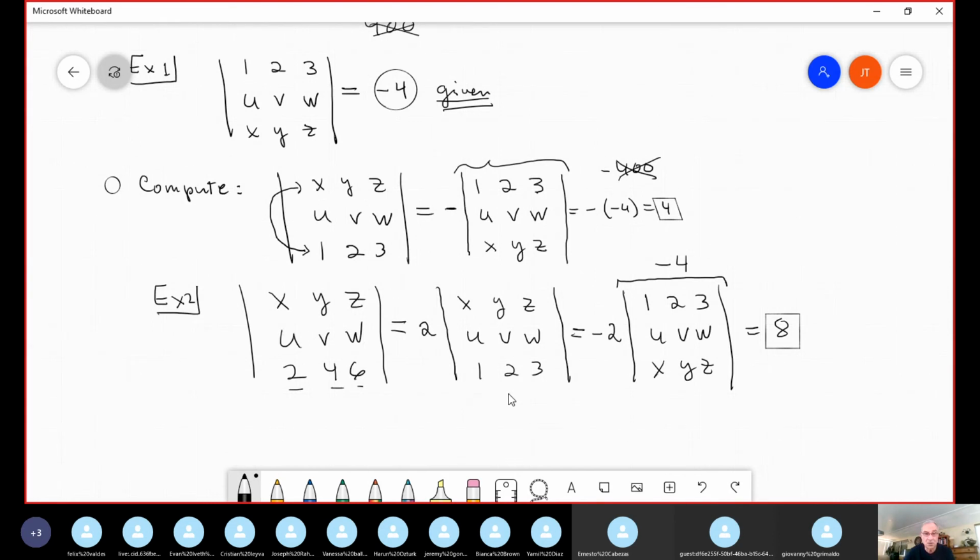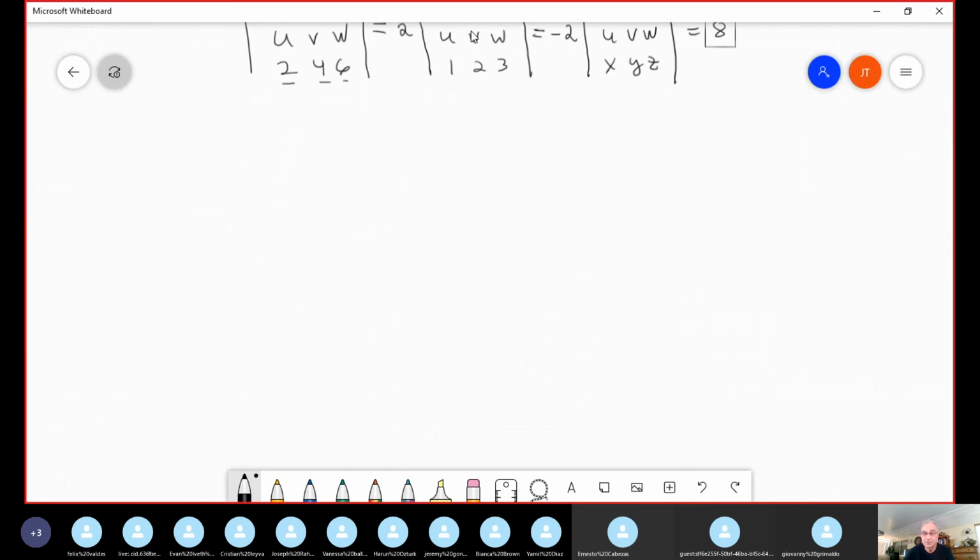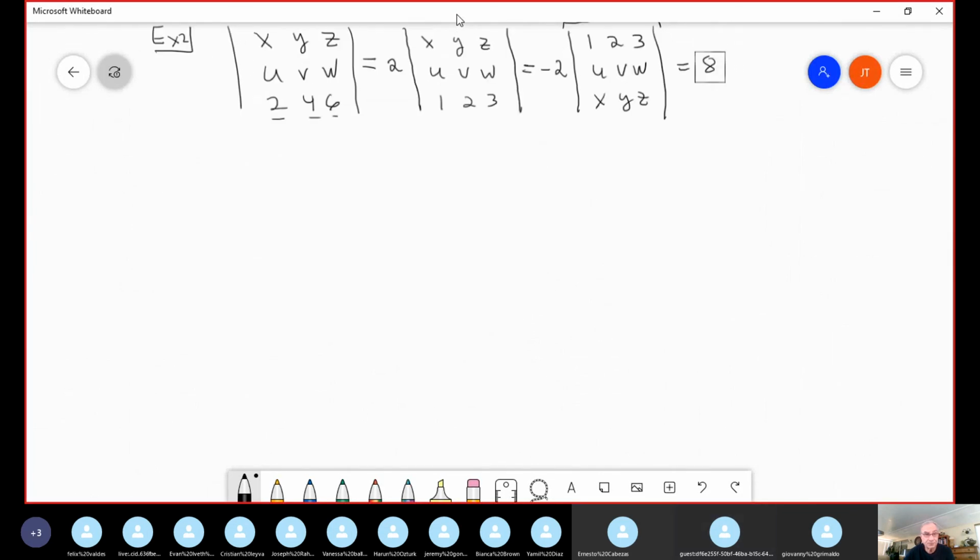Question? Wow. But I want to complicate your life a little bit now. Example 3. Look, suppose this: 1, 2, 3 again. I like 1, 2, 3. But we have x minus 3, y minus 6, z minus 9.